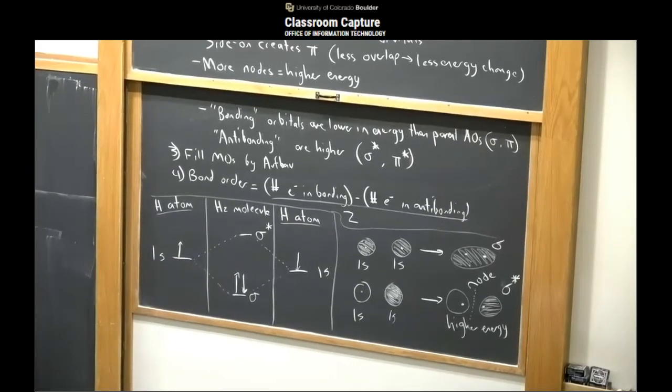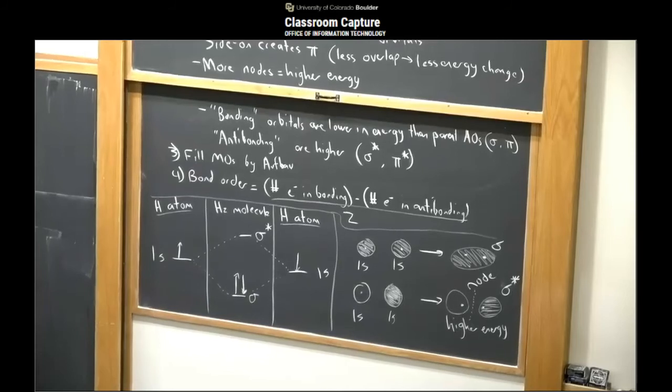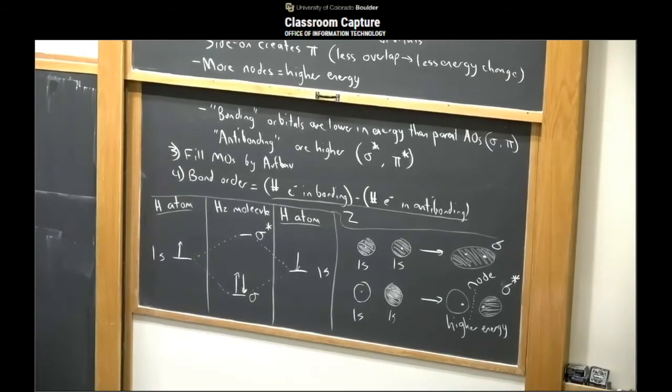How about H2 with a negative charge? This is pretty unstable, but it turns out we can still draw an MO diagram for it. So again, we're going to do 3 columns.